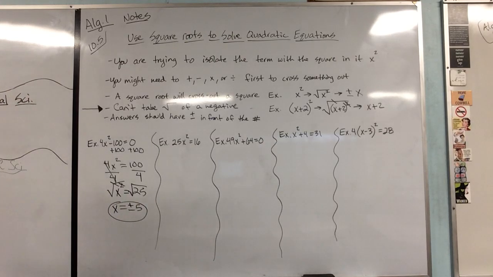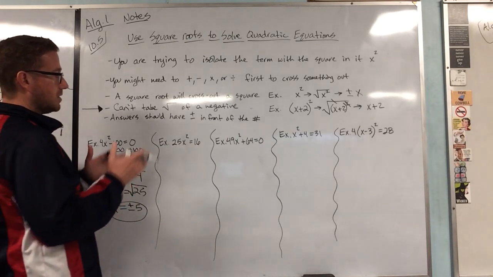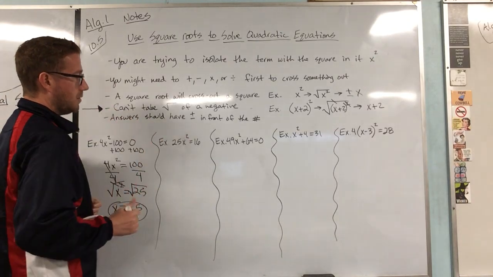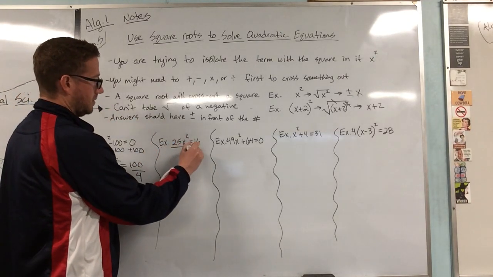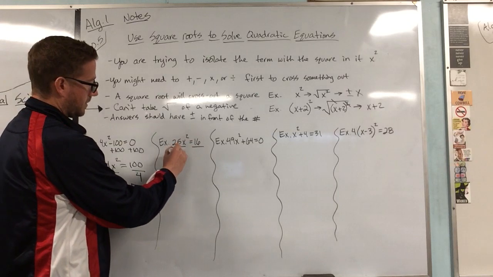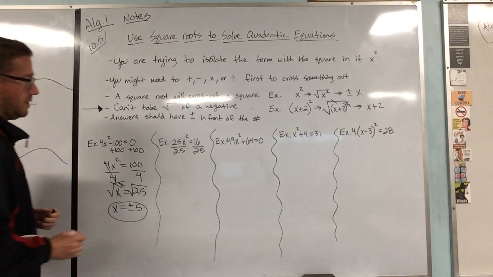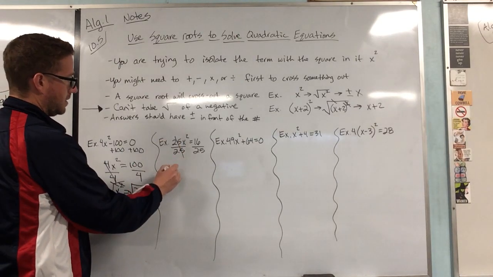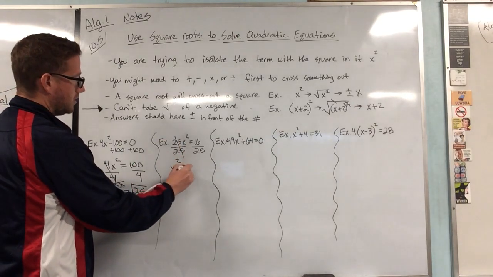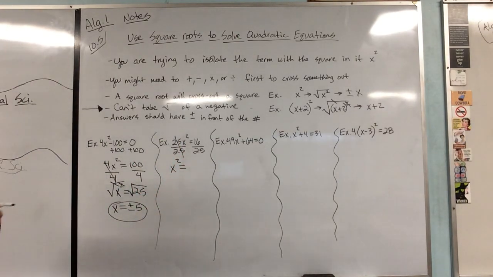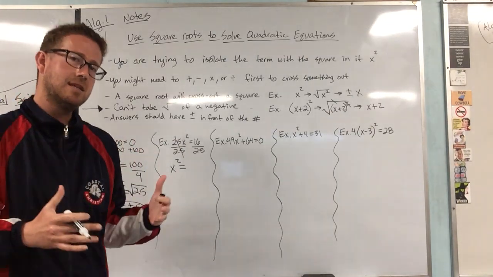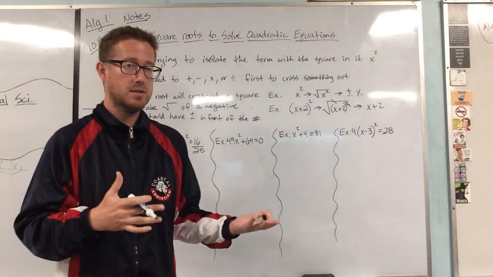Okay, let's take a look at the next one. Looking at it, we can immediately go in and use division to get rid of that 25. Okay, 25, 25. All right, that crosses out, and you have x squared equals 16 over 25, and you'll notice that does not seem like a nice fraction.